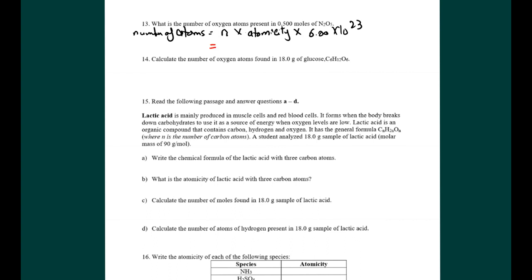Number of moles, half mole. Atomicity here, N2O5 means 2 plus 5, 7. Times 6 times 10 power 23. The final answer is 1.5 times 10 power 24 atoms.